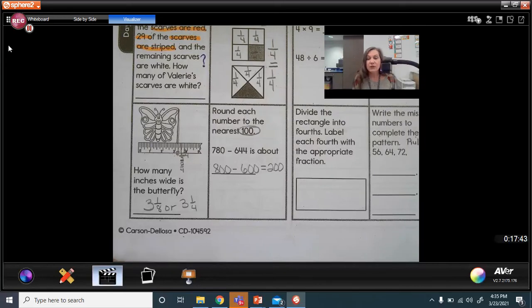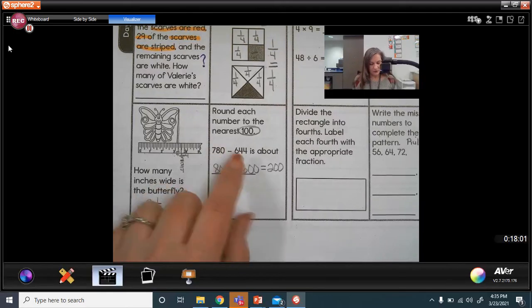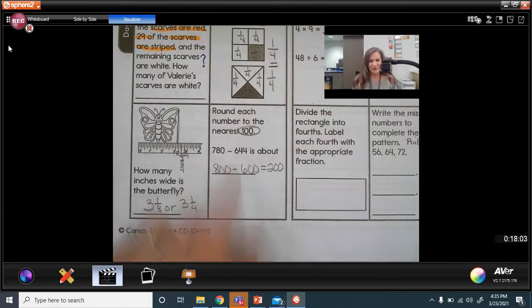All right. So here's your challenge. Maybe not a challenge, but here's your discussion question for today. I kind of already helped you with this. I want you to round 780 and 644 to the nearest 10 and then subtract. Okay?